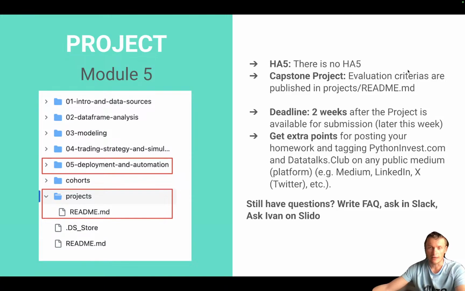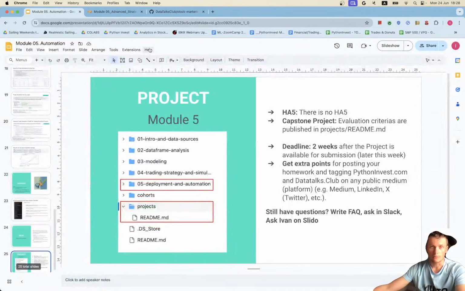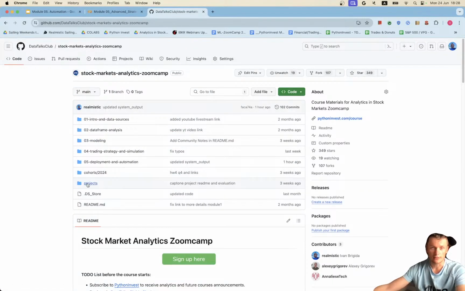There is a README file. The deadline will be 2 weeks after the project submission is available. It is still not available. I plan to do it later this week. When I make it available, I will send a message on Telegram and Slack. The general timeline is 2 weeks for the project development and 1 week for peer review. So what are the project criteria?